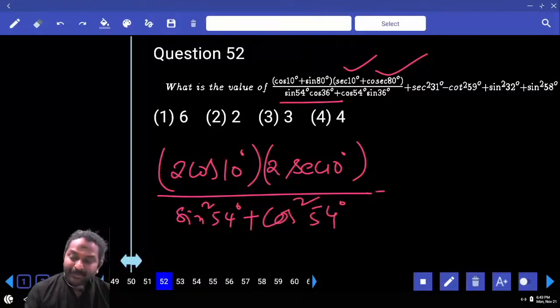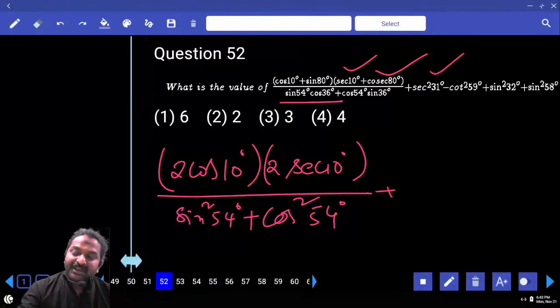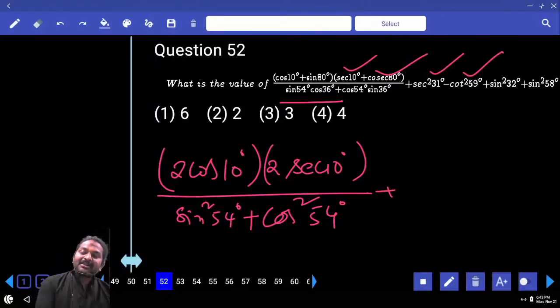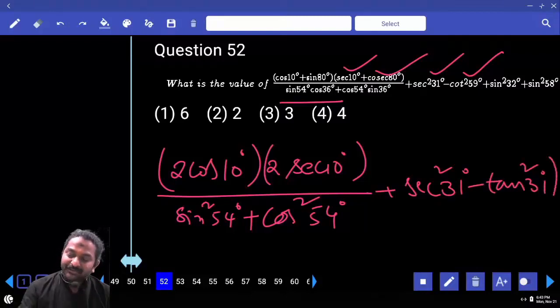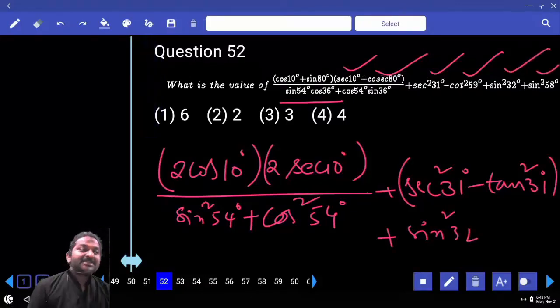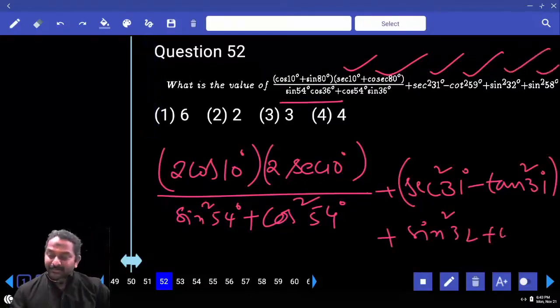Done. Plus secant square 31 minus cot square 59. Cot square 59 can be written as tan square 31. So if you take sin square 31 degrees minus tan square 31 degrees as one combination, plus sin square 32, sin square 58 can be written as cos square 32.